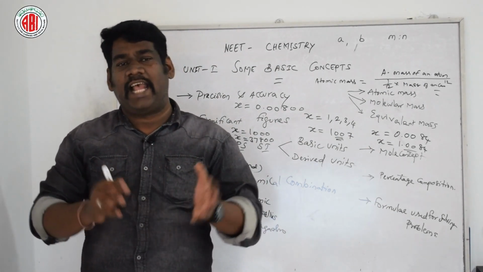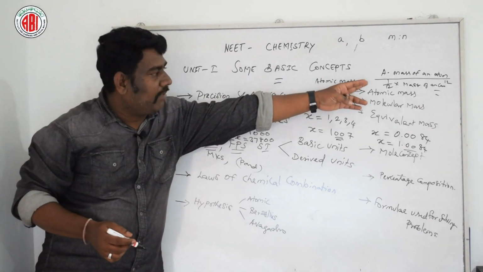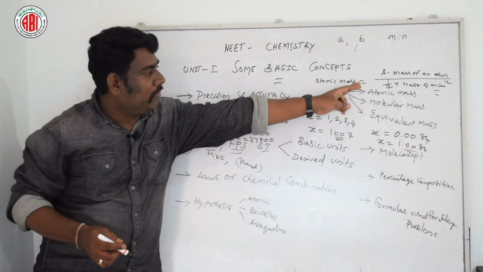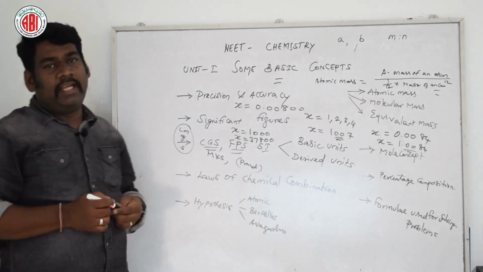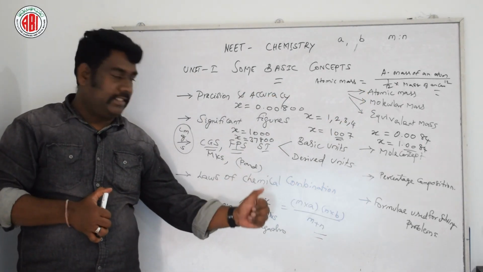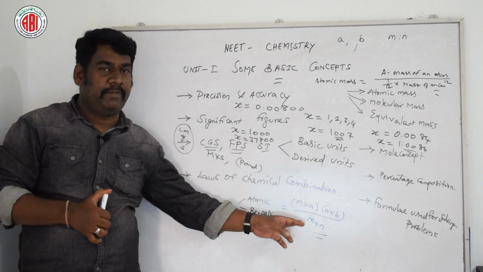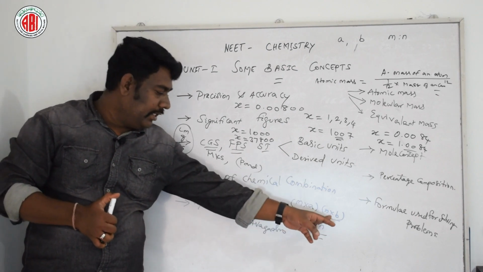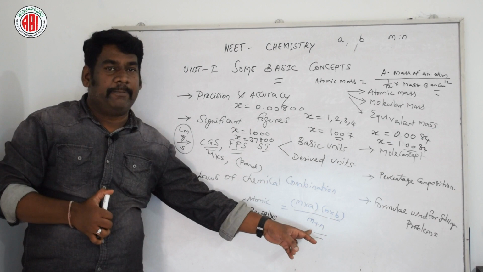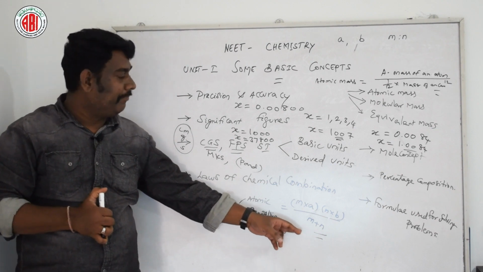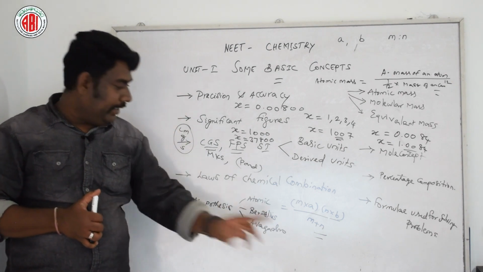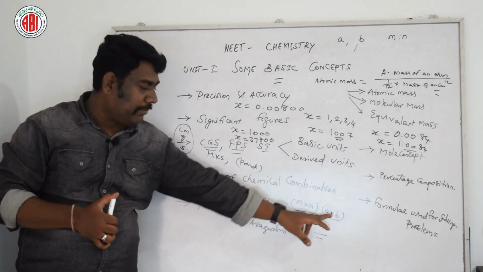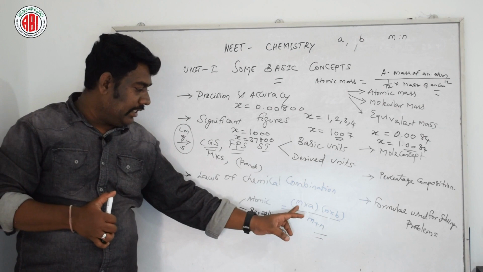To find this average atomic mass we use the same formula: atomic mass equals the average mass of the atom divided by 1/12th of the mass of the carbon atom. In that condition we use the simple formula (m × A + n × B) / (m + n). These are two different isotopes having atomic masses A and B, in the ratio m and n.